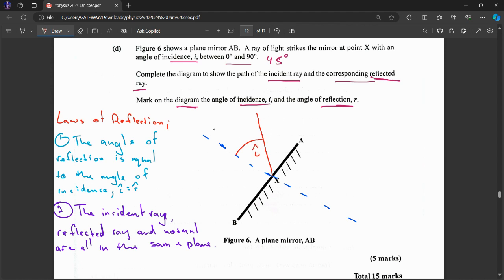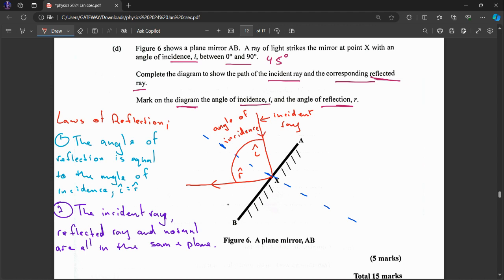So this will be I hat, which is the angle of incidence. This is your incident ray. And then you have your reflected ray, which comes out at the same angle. Well, it's supposed to be the same angle, so I'm just going to kind of average it, something like that. So we just say that this is the angle of reflection.